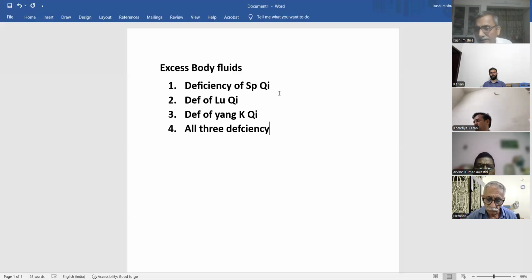Like cooling effect and heating effect keep our body temperature within a normal range. How? Because of the two forces, yang and yin. Yang warms the body, yin cools the body. Both of them are working.